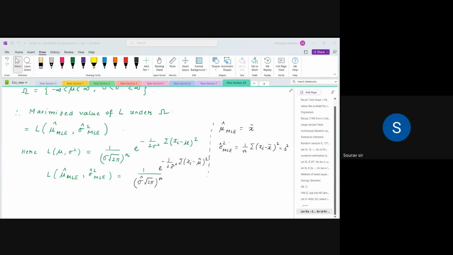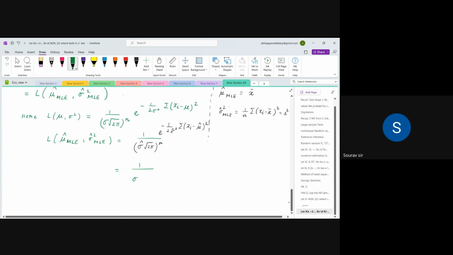We can simplify this a little bit. Do all of you agree? The exponent part is the same. In order to make it sigma square over here, I have taken n by 2 in the power. Is this understood by everyone?